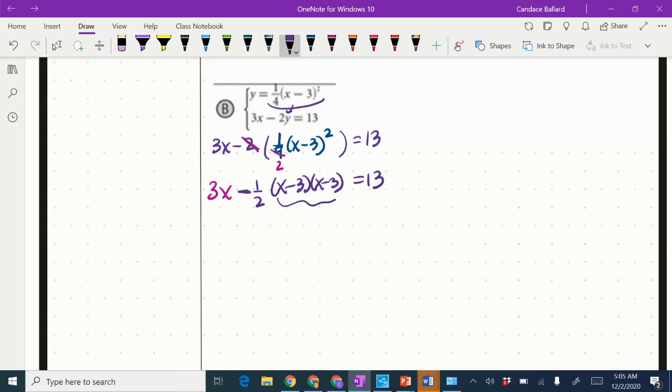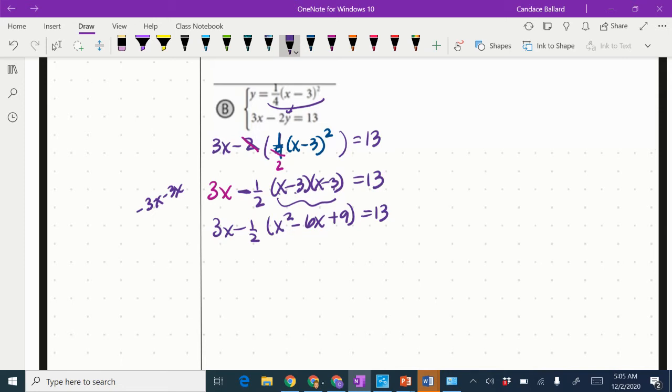Then we're going to FOIL this piece here. So 3x minus 1/2 times x squared. X times negative 3x is negative 3x. And then I have another one of those in the middle, so when I combine those together, I get negative 6x. And negative 3 times negative 3 is positive 9 equals 13.